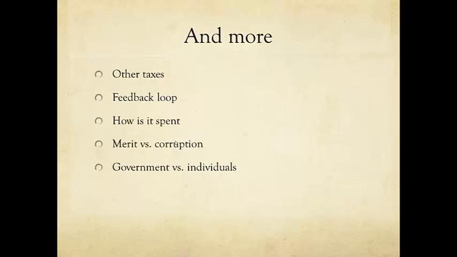And of course, there's much more than just that single trade-off graph using our fairness metric. There's much more to the debate of taxation. For example, within US, there are about 20 different taxes that most of us have to pay. It's not just about the federal income tax.